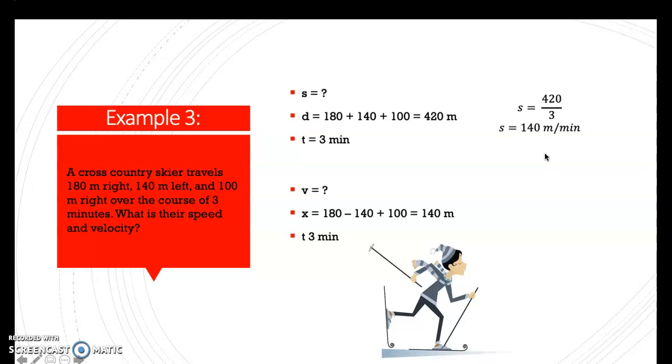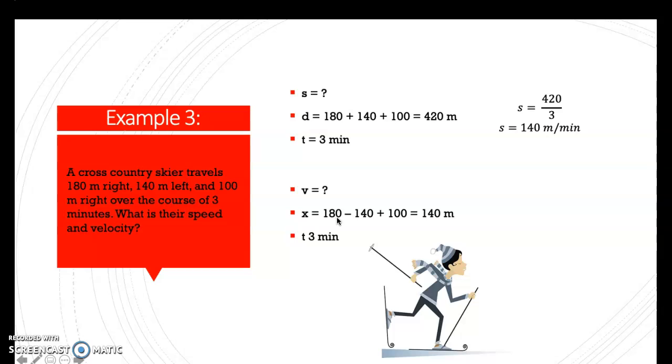Now there's a couple of direction changes here. So my velocity is going to be very different from my speed. So velocity is what I'm trying to solve for. To find my displacement, these are distances, not positions, as we spoke about in the distance versus displacement video. You're going to want to pay attention to the direction and add or subtract those values.